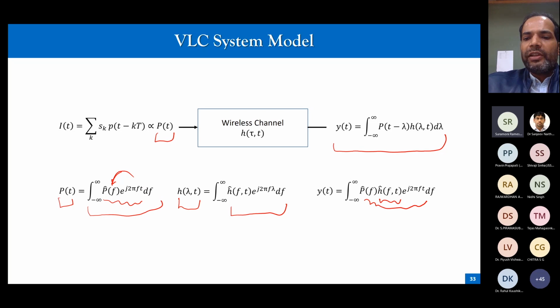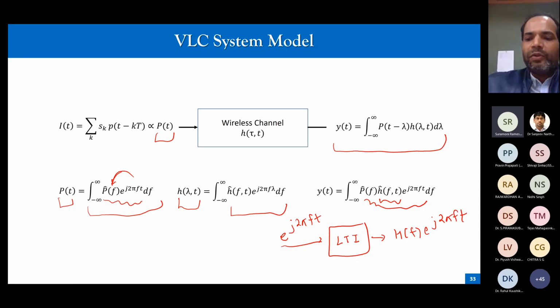Just as in an LTI system, if a complex exponential e to the power j2 pi ft is input, the output is hf times e to the power j2 pi ft. Everyone knows this. This is the property of an LTI system. This signal is an eigenfunction of an LTI system. That means its output is this function multiplied by a certain constant, and this constant is h of f, or the frequency response. This is constant with respect to time.